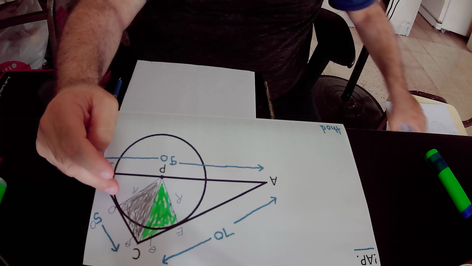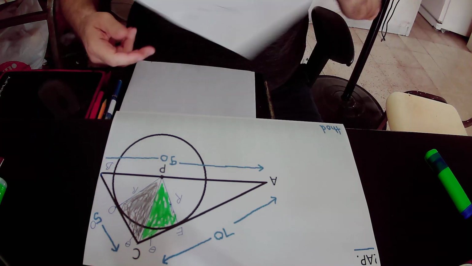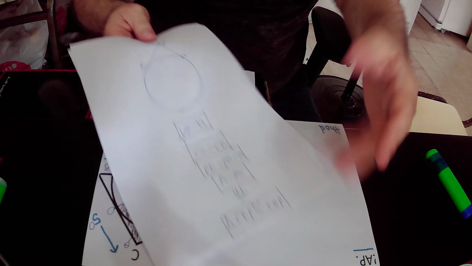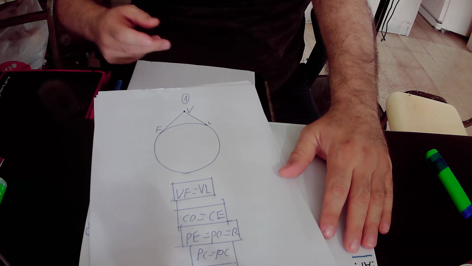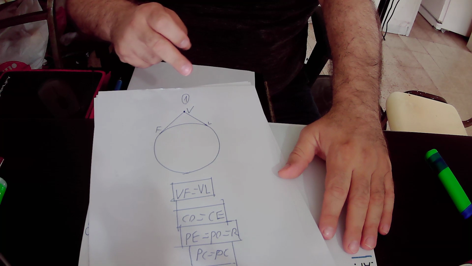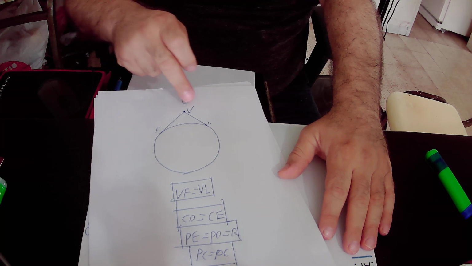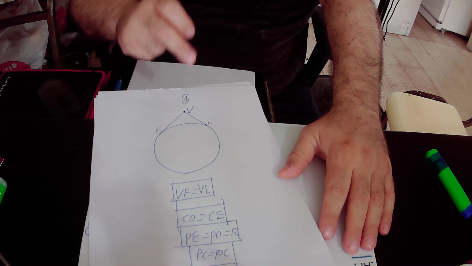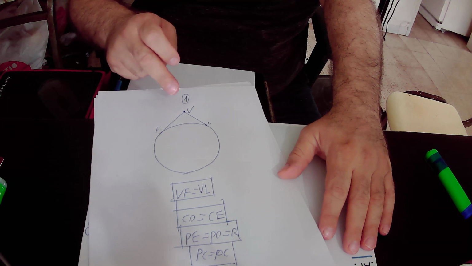And we also have a rule that if from an external point of a circle we draw two tangents to that circle, then those two tangents are equal to each other.